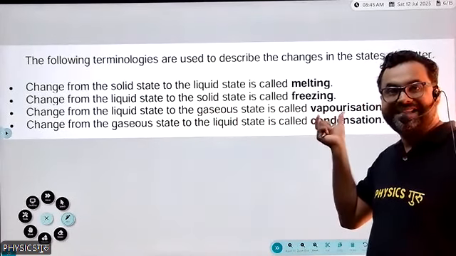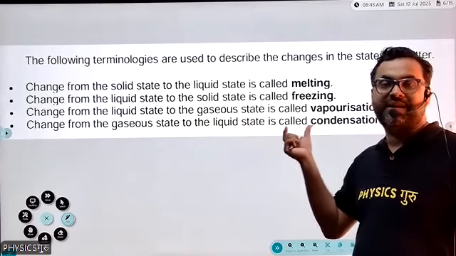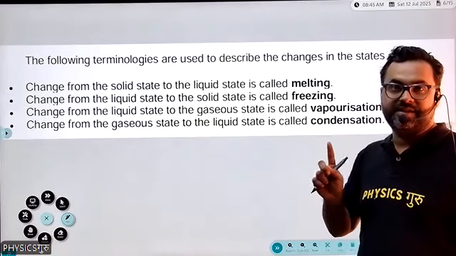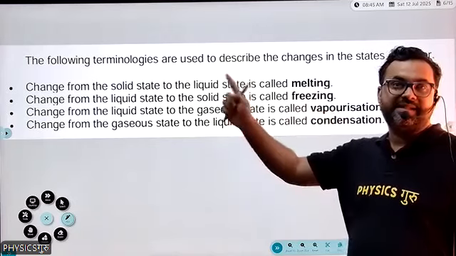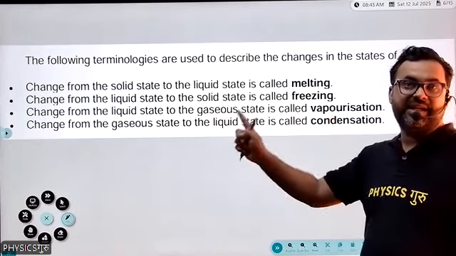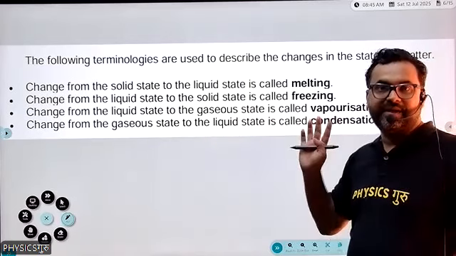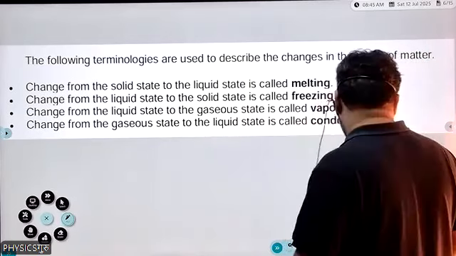Condensation is gas to liquid. I repeat: melting, solid to liquid; freezing, liquid to solid; vaporization, liquid to gas; condensation, gas to liquid.